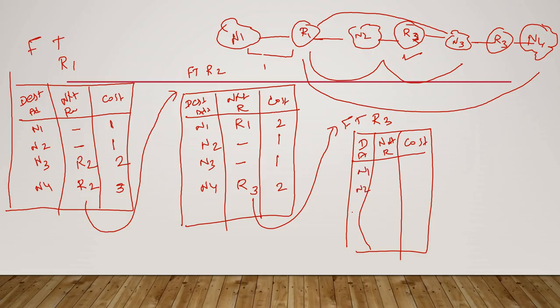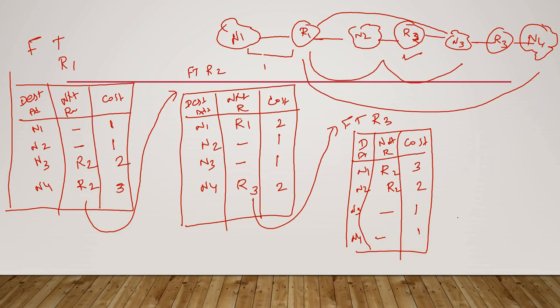Network 1, network 2, network 3, and network 4. Network 1, again next router: from R3 the next router is R2. The cost is 3. Network 2 again through R2 only, cost is 2. Network 3 directly connected, cost 1. Network 4 directly connected, cost 1.